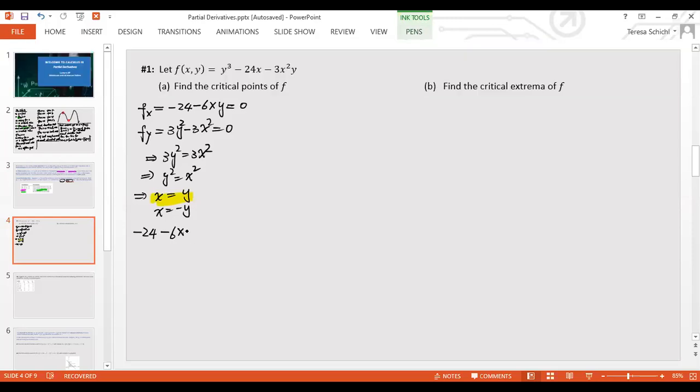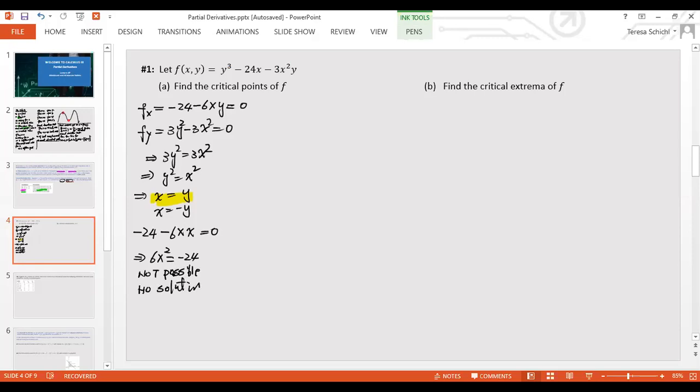So this is 6x times x, equal to 0. So I will have 6x squared equal to negative 24. Oh, not possible. So no solution for this one.